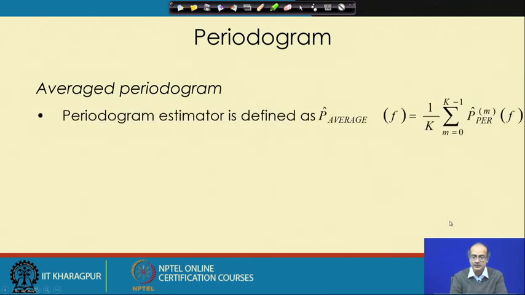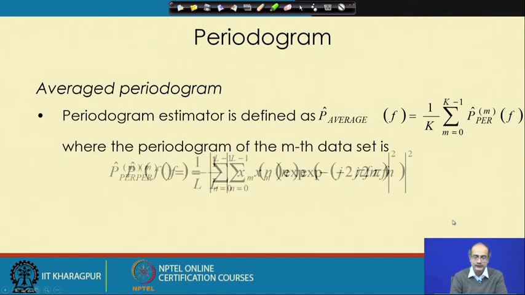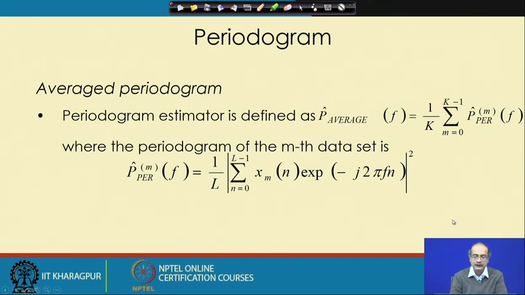So, the periodogram estimate, or the average periodogram, we have defined, and for that if we look at each of the individual components, we get it in this form.